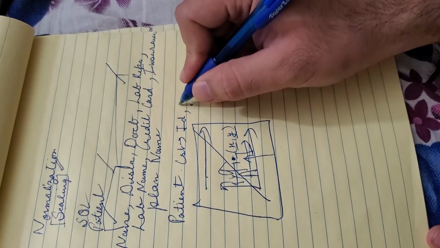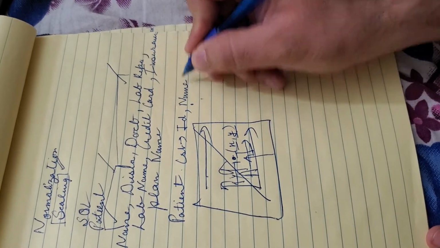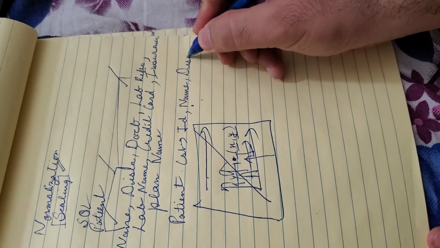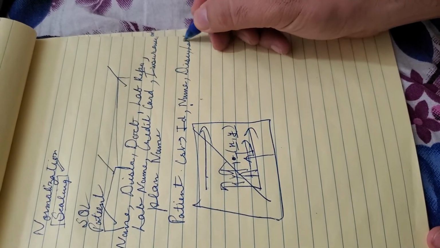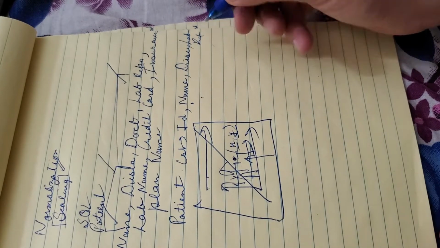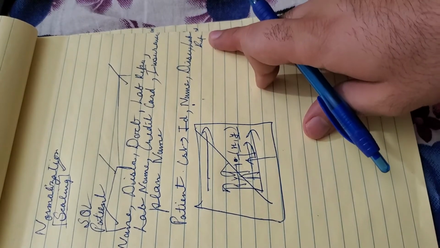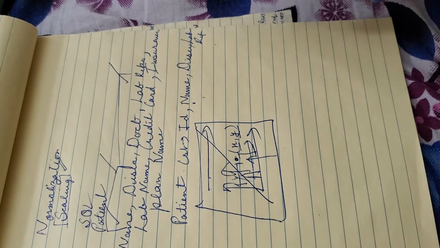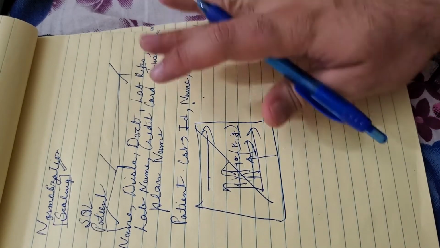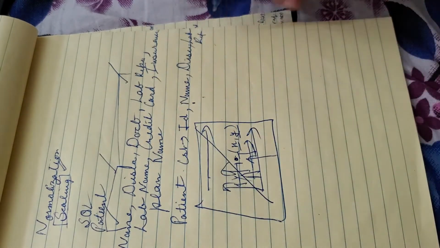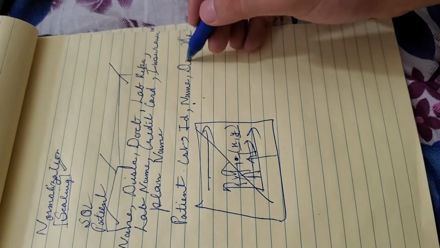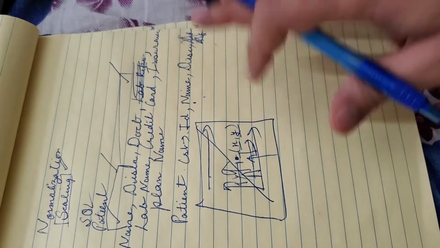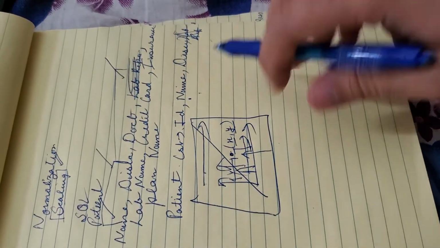So ID, name, disease, and lab reports. Now lab report can be a file, another PDF file acting as an attachment over here. So if you want, you can ignore lab report because I feel these three are sufficient. I'll just take out lab report from here. This would make things complex.